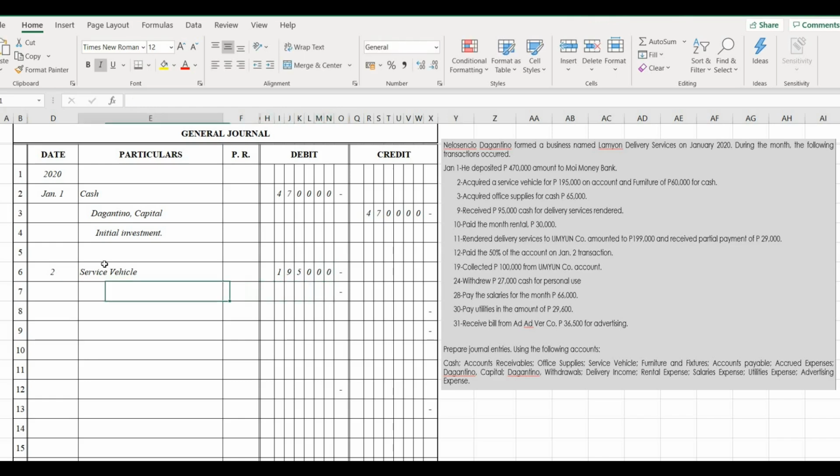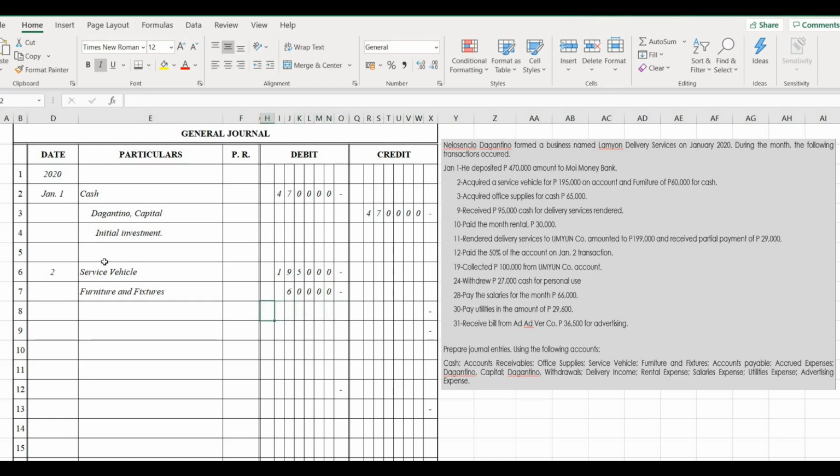And then the other one is furniture and fixtures. The amount is 60,000.